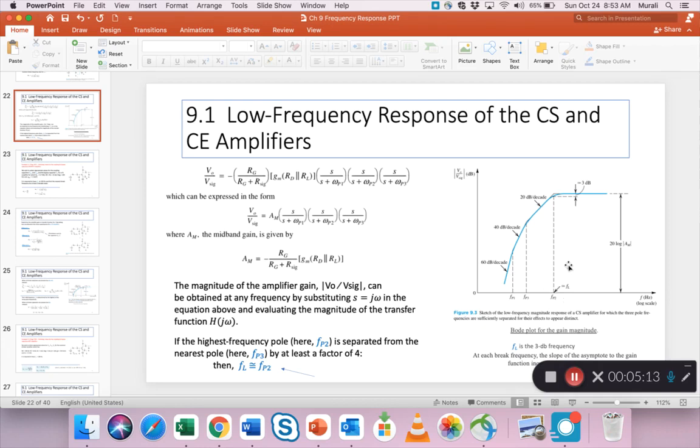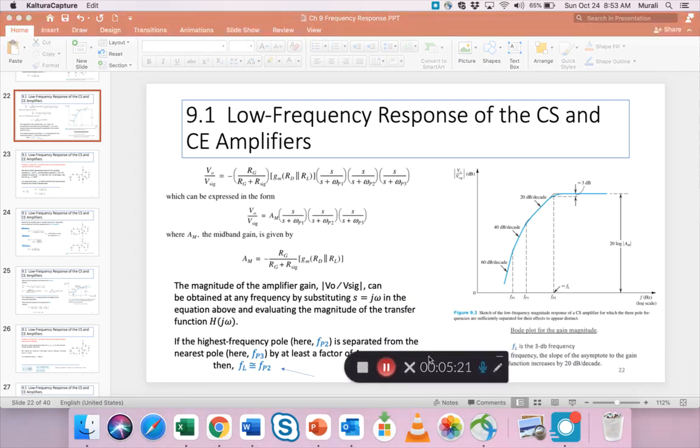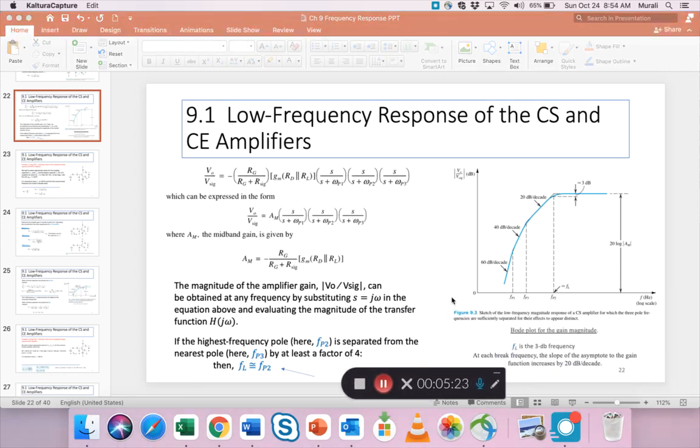Similarly, to get to that low frequency, what capacitance values will you be looking at? So these are the two items that we discuss when we do problems.